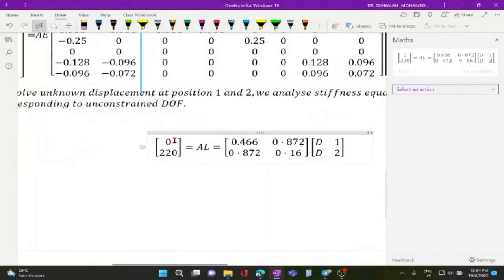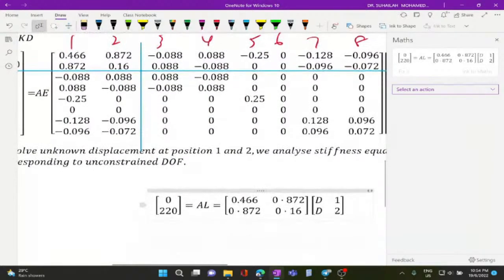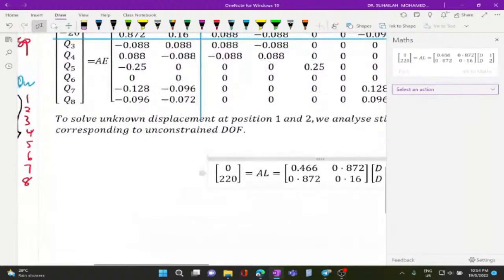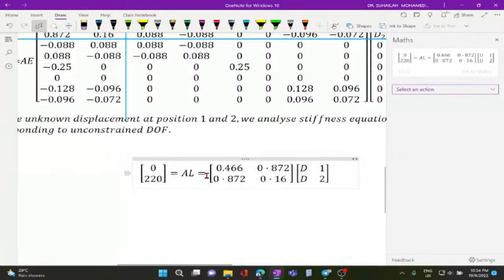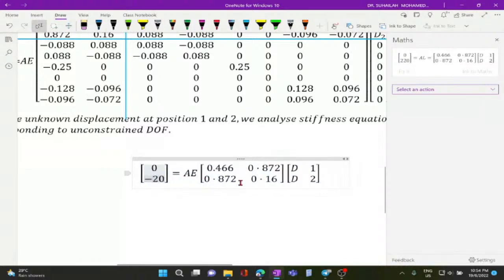Okay, doesn't matter. We just need to take the format. So we adjust back. It is 0 and negative 20. This is AE. This is negative 20, 0.872, 0.16.